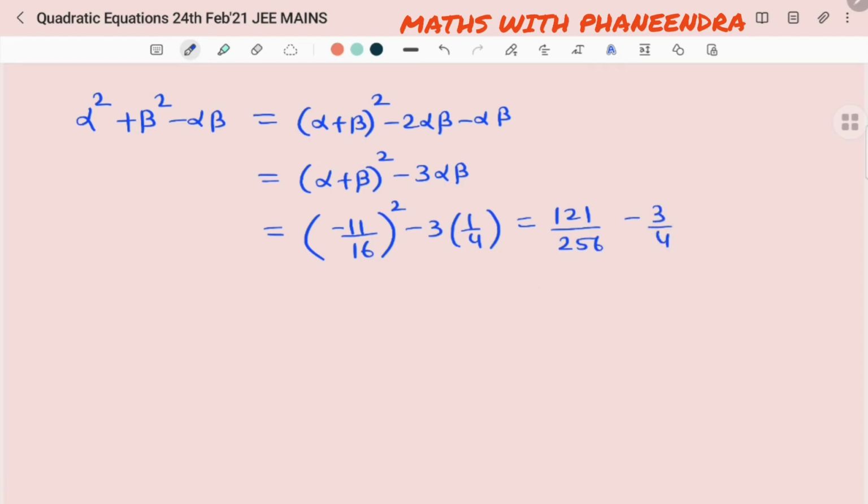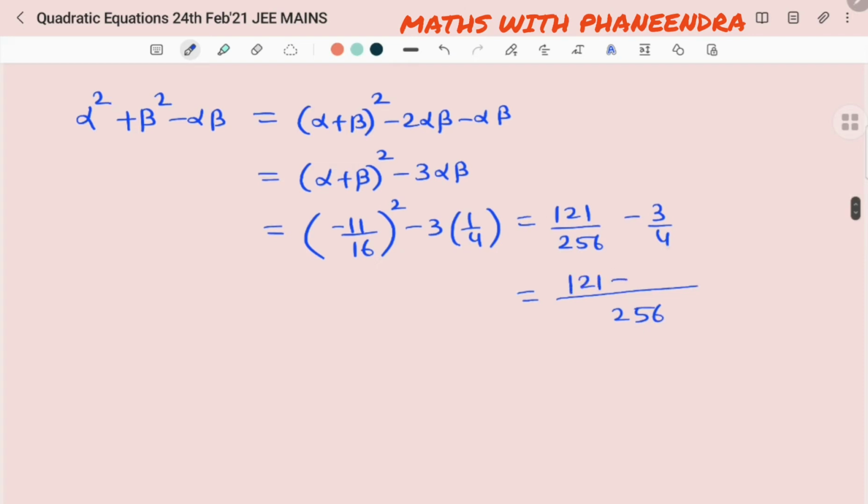So take LCM here, 256. 256 once 121, 256 fours are 64.